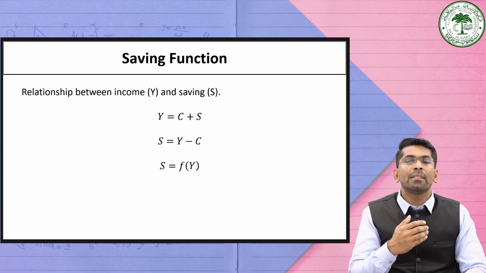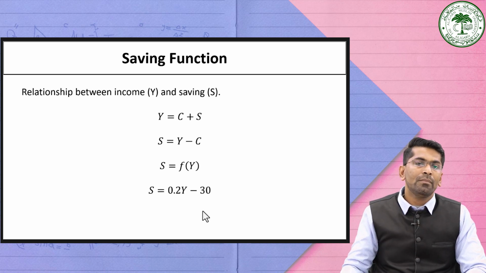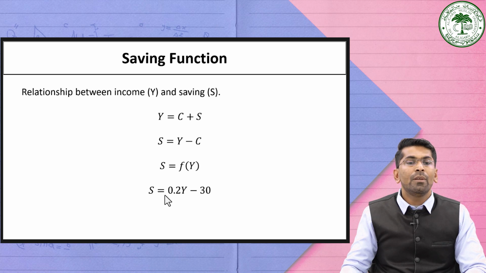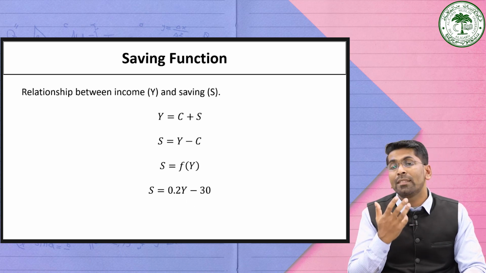Now, suppose we have a saving function given as S is equal to 0.2Y minus 30. In this equation, S is the level of saving and Y represents your disposable income, and the saving function implies the portion of your disposable income which is to be saved.